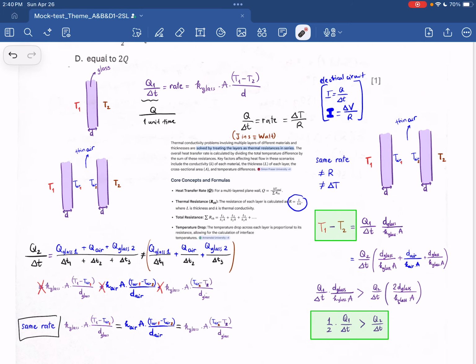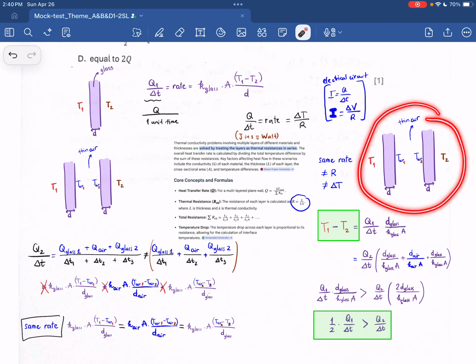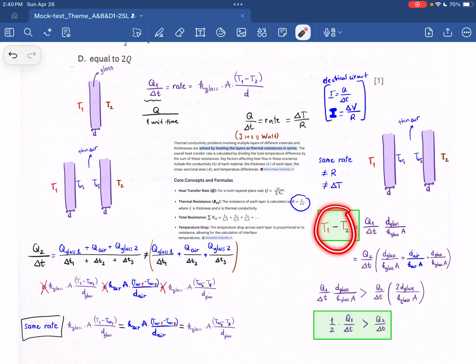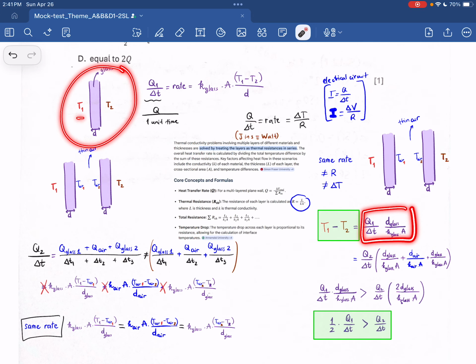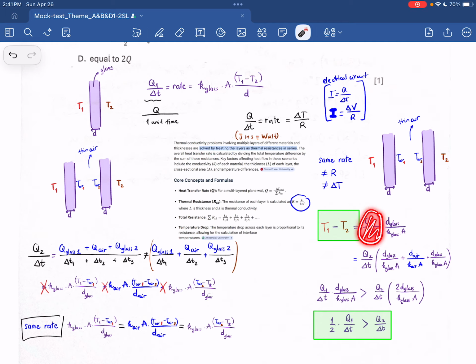So in this case, for the second scenario, it will be the same change in temperature between the very initial and the final one. In the first case, that will also be the same change. So this is Q1 over delta T1, the rate in the first scenario, over the resistance R1, right?